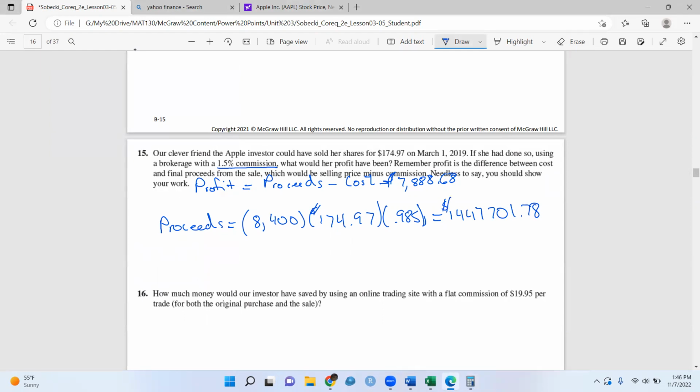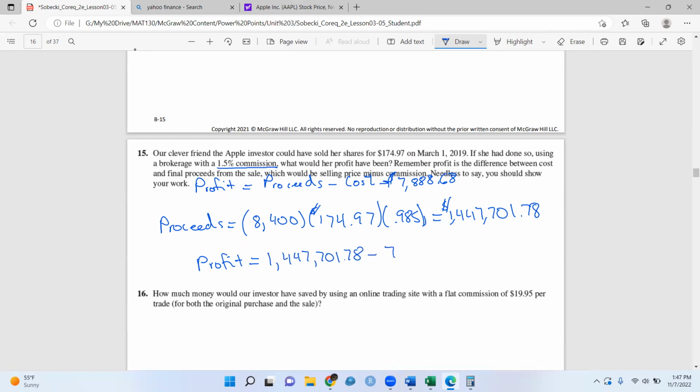Now, here's the thing to think about. Did I do this right? Yes, I did. How much profit did she actually make? Well, what you would do is subtract the initial amount of money you had to pony up in order to purchase this stock and make it possible to make this money.